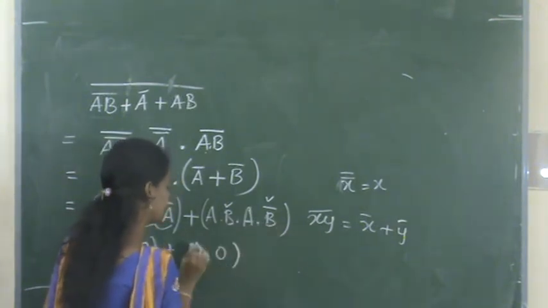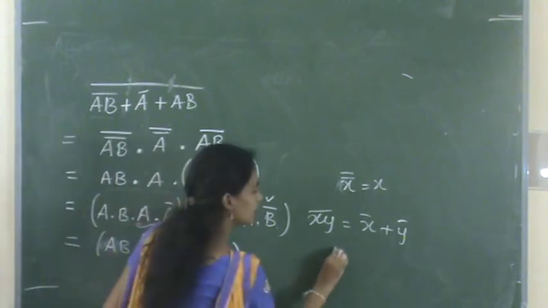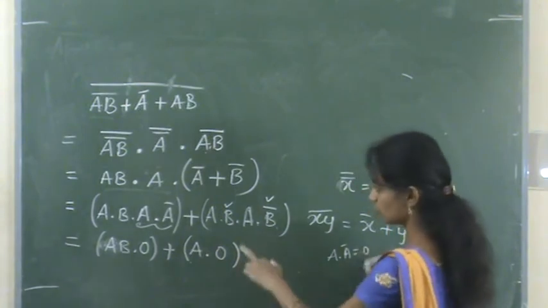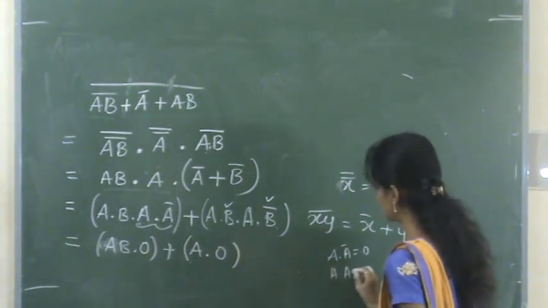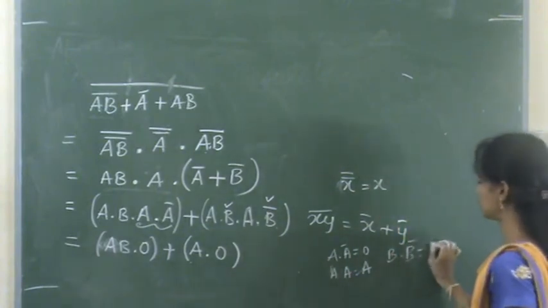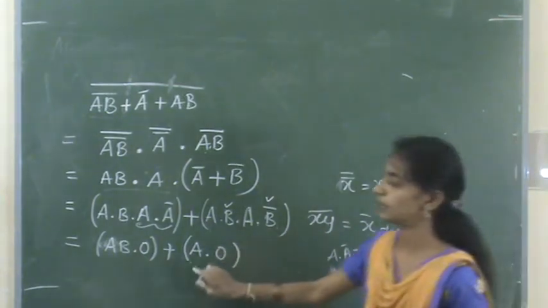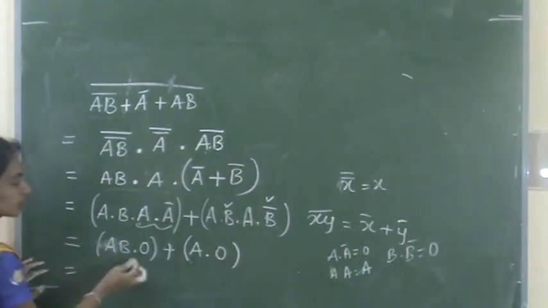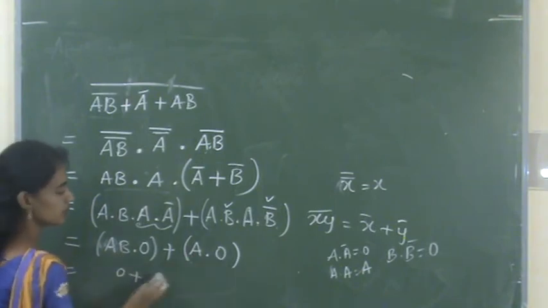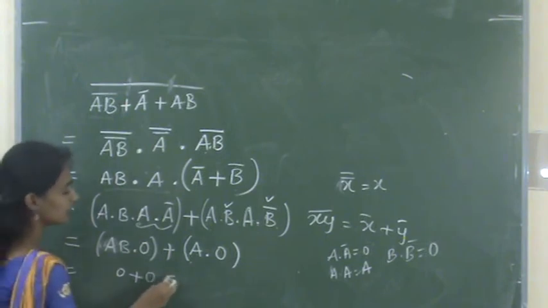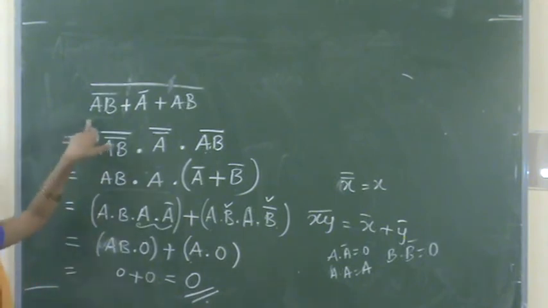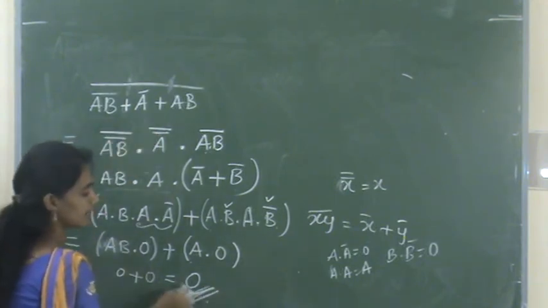So here a into a bar is 0, a into a is a, and b into b bar is 0. That is what I applied here. We know that 0 into anything is 0, plus a into 0 is also 0. So finally we get the result as 0. By solving this equation we get the result as 0.